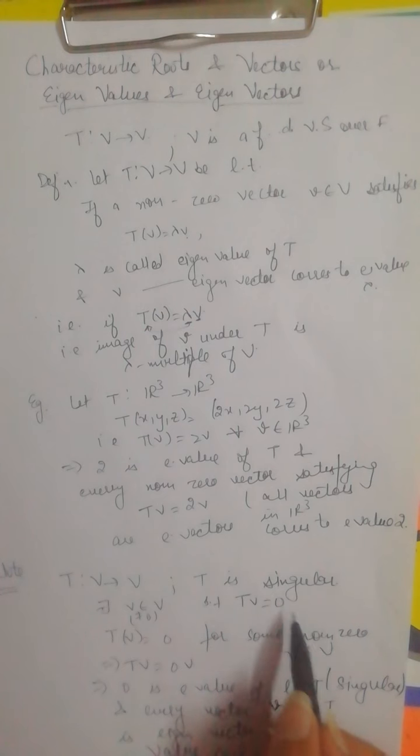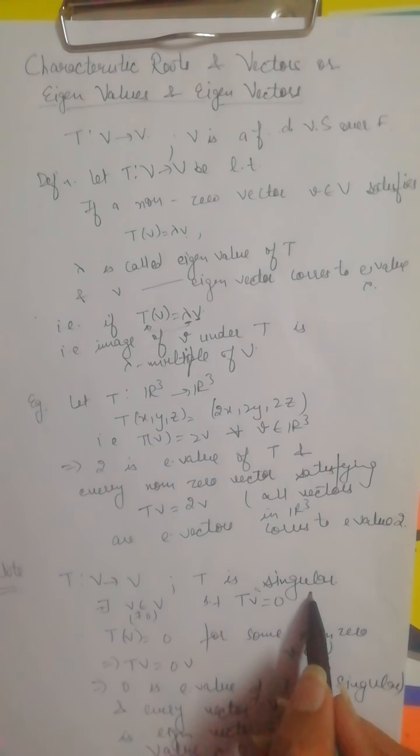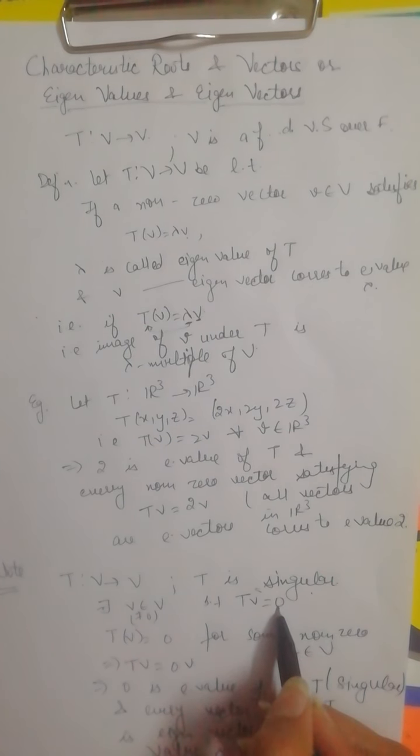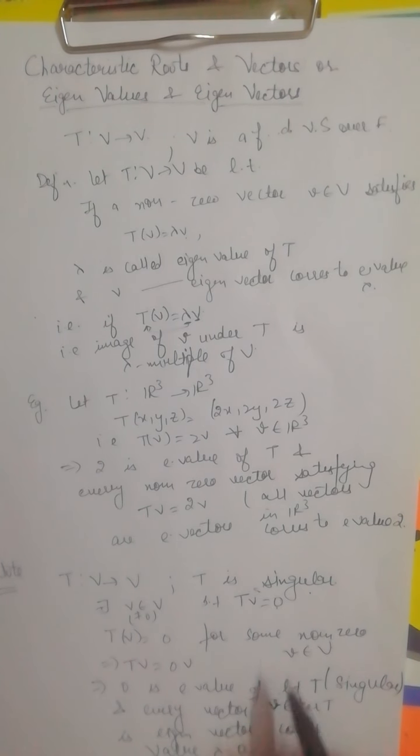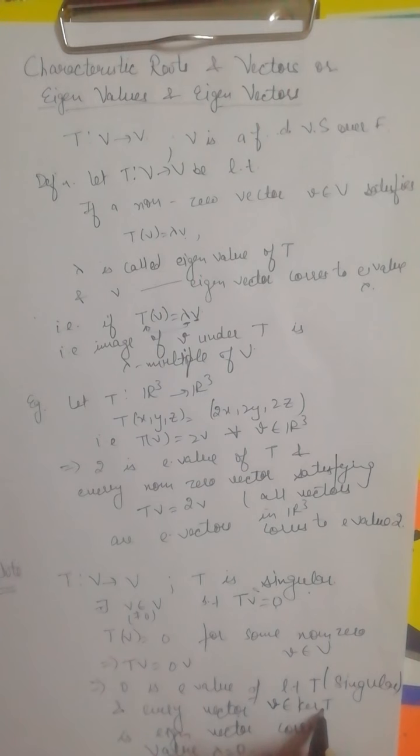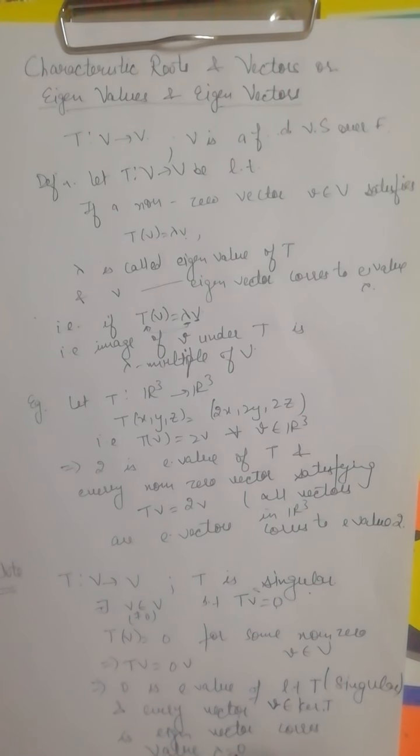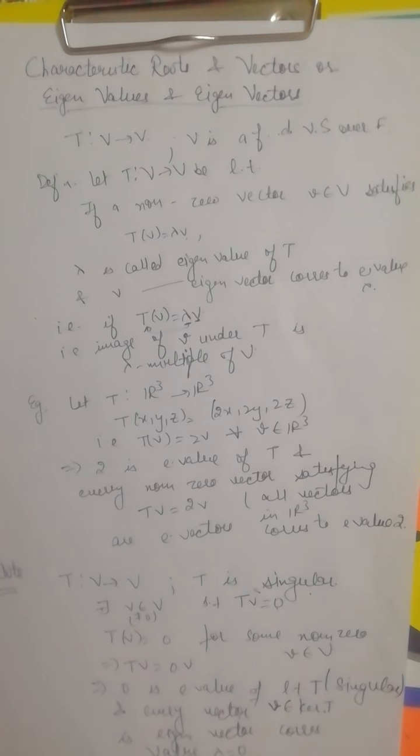That is, every singular linear transformation has 0 as its eigenvalue, and every vector in kernel T is eigenvector corresponding to eigenvalue lambda is equal to 0.